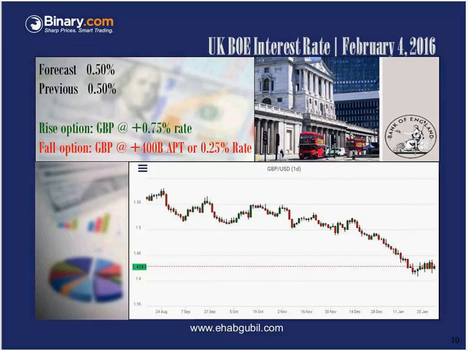If they increase it to 400 billion, it will send a bearish signal to the market, and we should make a fall option on the pound, but only in the short term, within the week.